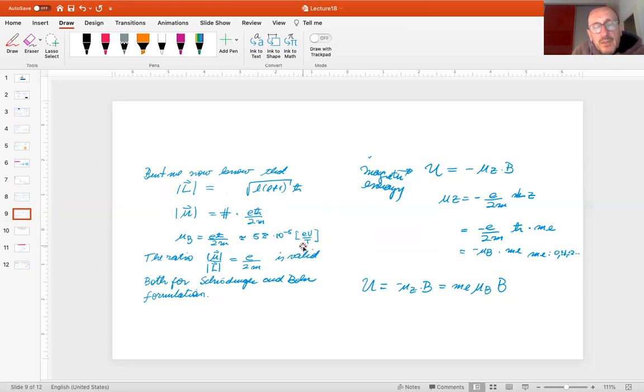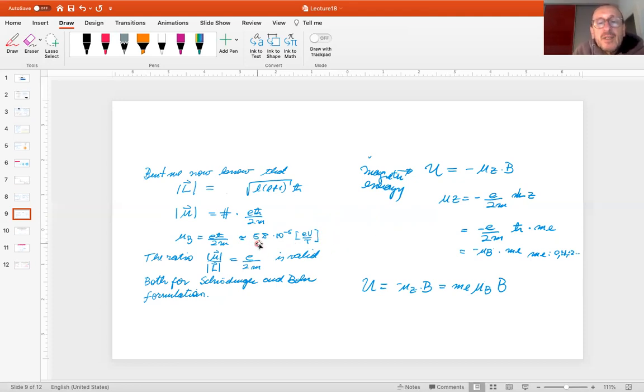So you can imagine that one Tesla is a fairly big magnetic field. I can put a hydrogen atom in a 1 Tesla magnetic field or 10 Tesla magnetic field. It's a huge field in terms of whatever I do in experimental physics.